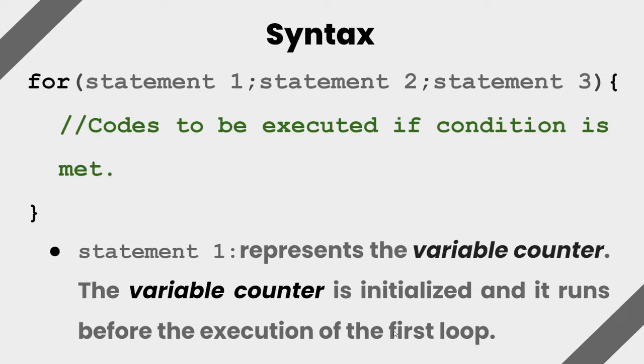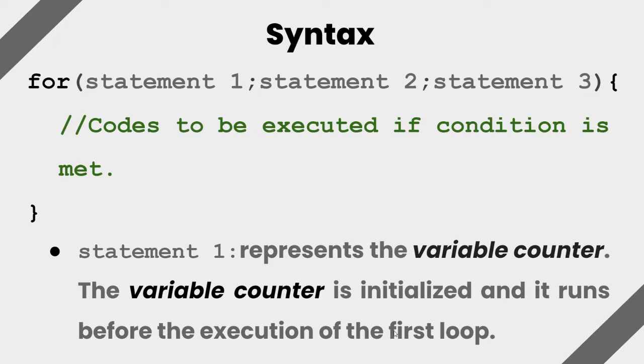So here we have the syntax of the for loop, and it's very, very brief. It begins with the for keyword. After that, you have the normal bracket, which has three statements within it. Now, if you notice very well, each of these statements has a semicolon separating it and not a comma.